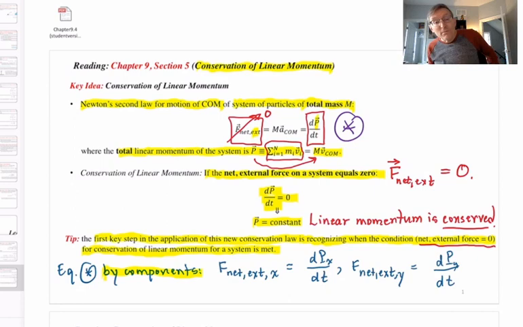And so, remember the condition for conservation of linear momentum? The net external force must equal 0. That condition, that test, has to be applied by components. And it is indeed quite possible that you could have a system for which, as an example, the net external x force is equal to 0, but the net external y force is not equal to 0.